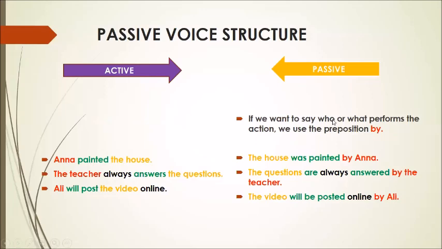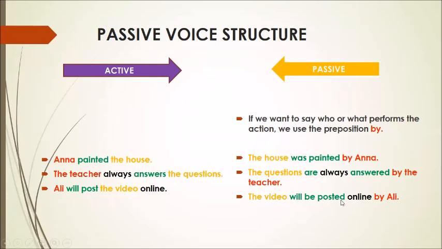If we want to say who or what performs the action, we use the preposition by before the person. But remember that in the passive, the person who does the action is not important. The house was painted. The questions are always answered.